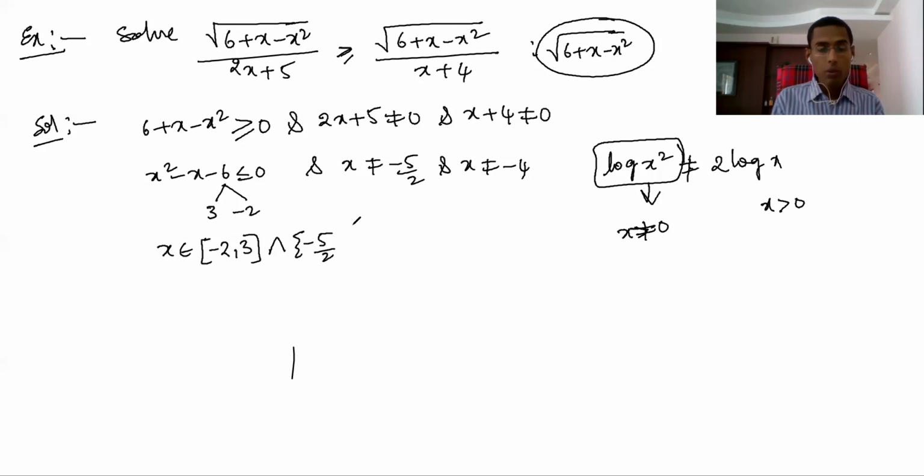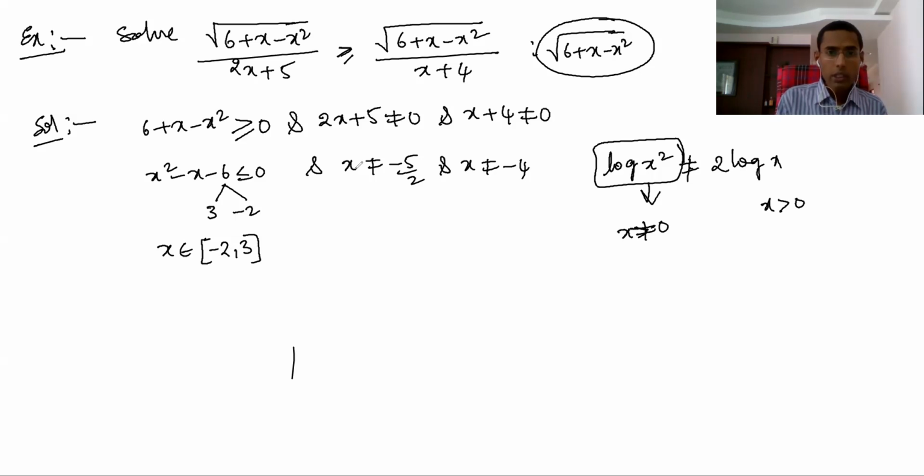And x should not be equal to minus 5 by 2, so it doesn't come in this. And x should not be minus 4, right? Anyway, what I am saying is, if minus 5 by 2 comes in the interval minus 2 to 3, the solution should be in minus 2 to 3.